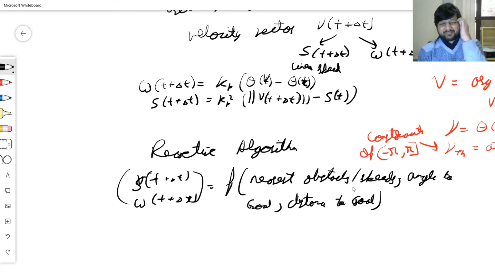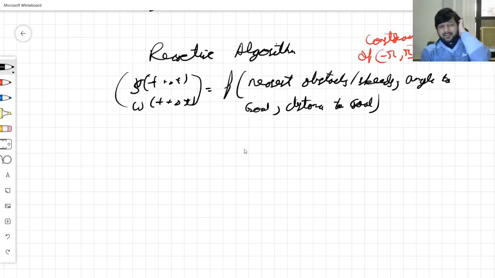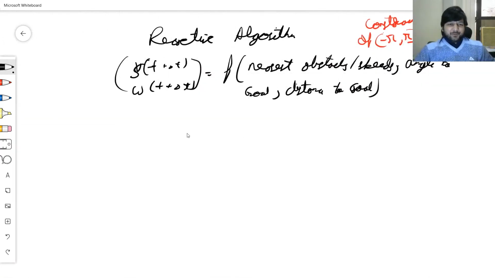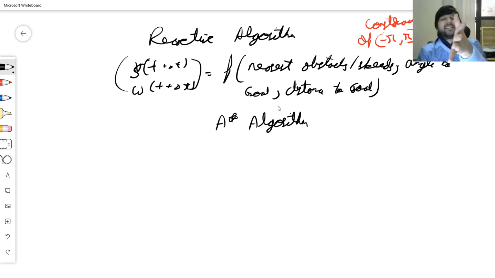Now, in the previous courses, we have studied something like the A star algorithm, which was more or less a deliberative algorithm. If I do this, then this happens, then this happens, and this happens, what happens?